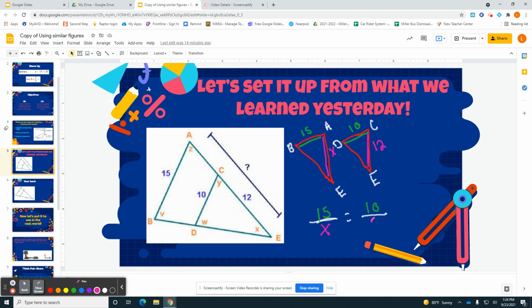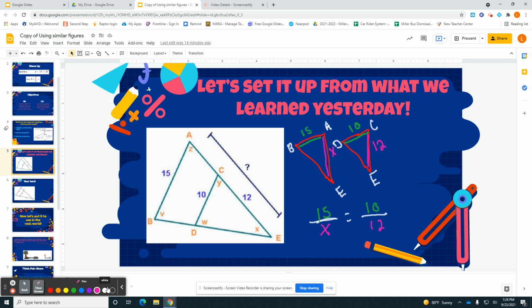Then we have 12 for CE, which is the one that corresponds with AE, which is X. So now if you look, I have my bigger shape on the left and my smaller figure on the right. Okay, and they are set up.